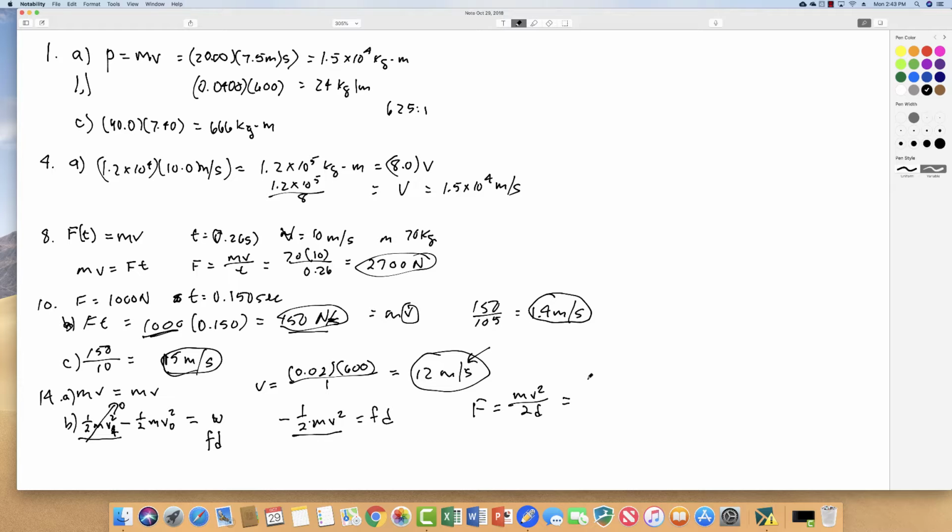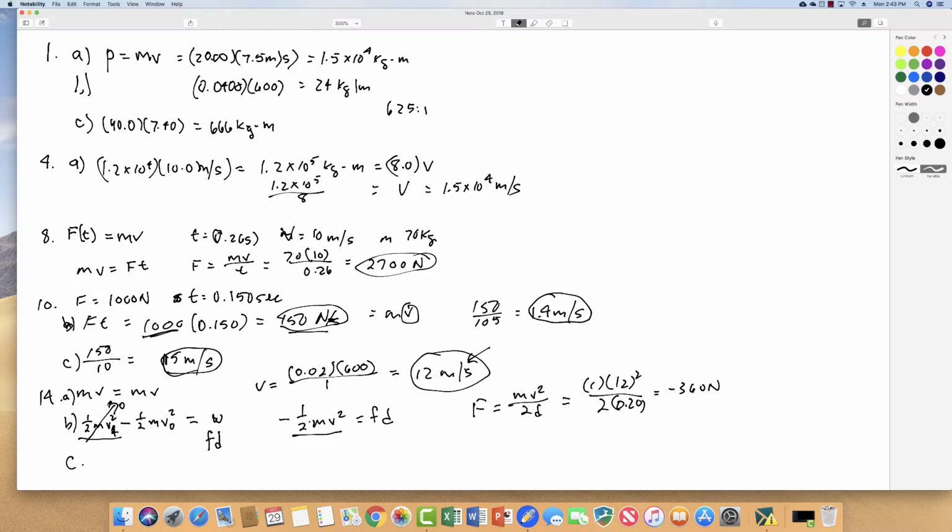The mass is 1 kilogram. The velocity is 12, so we square that. We do that over 20 centimeters, or 2/10 of a meter, times 2. And so the average force is going to be minus 360 newtons. And it's minus because it's stopping. It's exerting this to stop it.